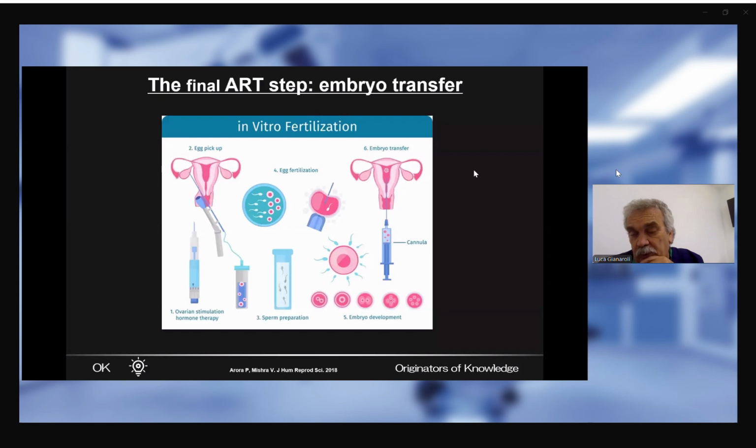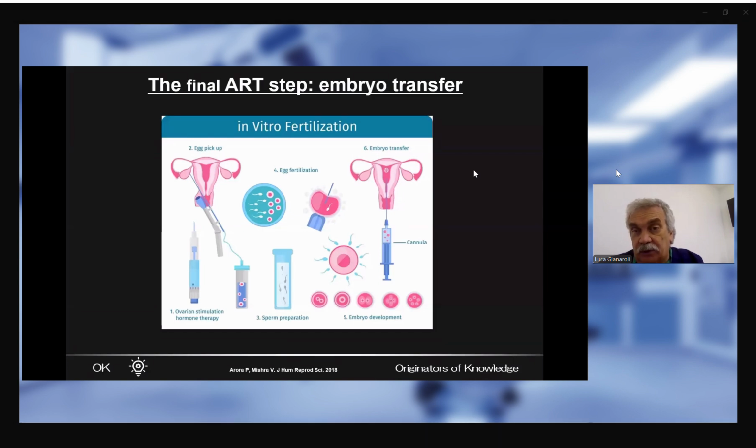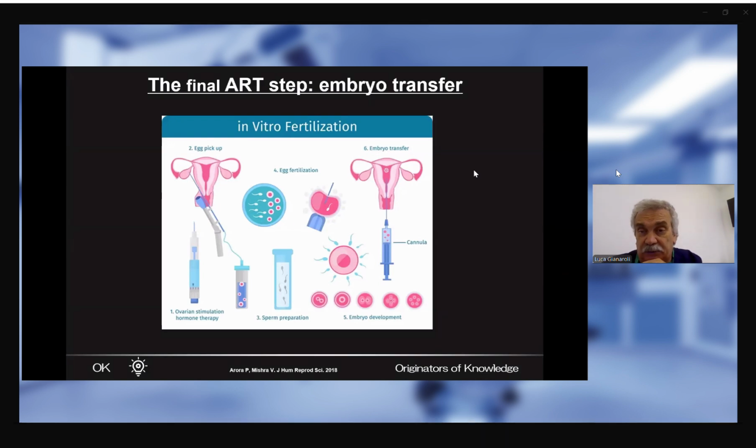First of all, we have to consider that the same uterine pathology is different if the patient can conceive naturally or if the patient has to conceive via ART. Why am I saying this? Because the only chance for a patient to conceive via ART is the chance that we give her when we transfer one embryo, while the patient that could conceive naturally can do so every month that she has timed intercourse.